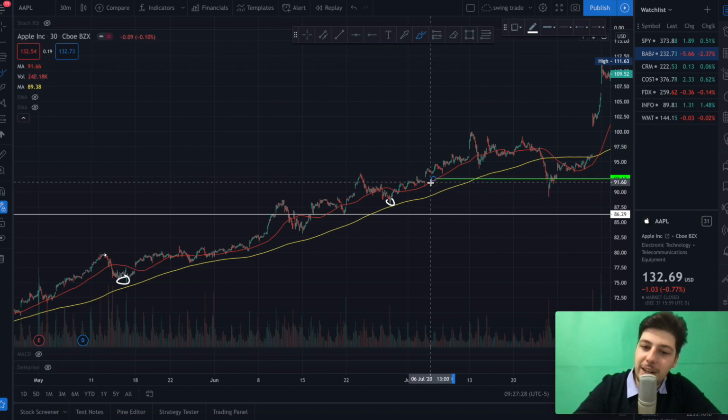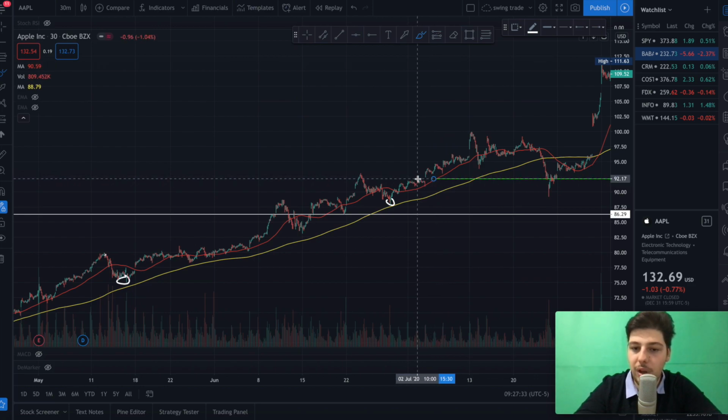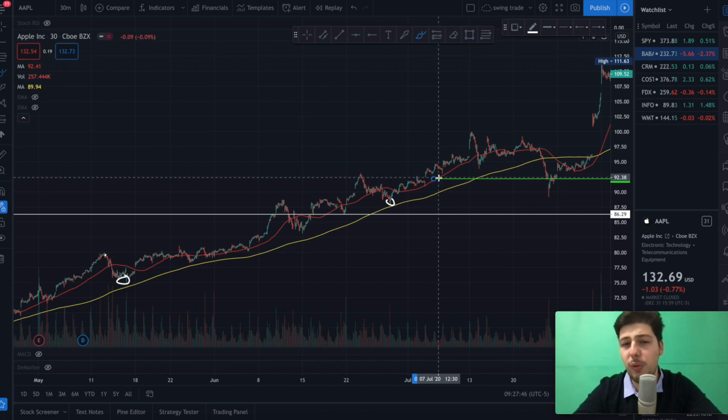As you can see here, the price is above the 50 moving average, and this was our target. For example, if it reached the target, you can take out 50% of your position, take your profit, and that's it. But if you want to ride the trend even more, you can use another moving average to ride a shorter term trend.